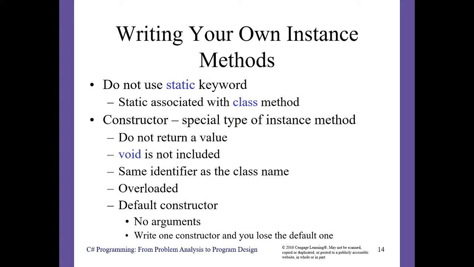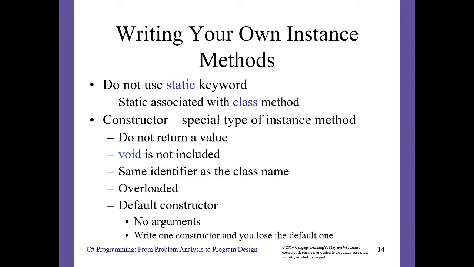So some important terms for us to get down. When we're using our own instance methods or methods that will apply to an instance of our class, we do not use the static keyword. We only use static if we want it to be a method that would apply to every instance of this class.